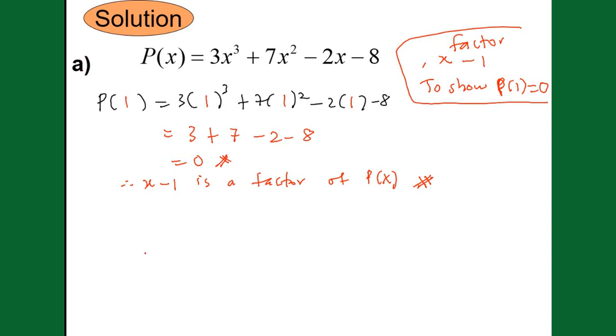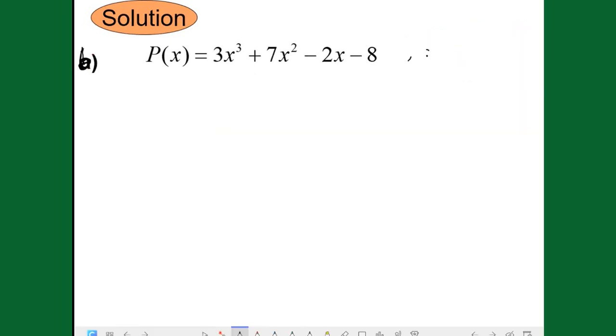Settle. For B, dia kata X minus 1 linear factor. Okay, settle. So, factorize completely. Cuba pasang telinga, mata, hati, tengok screen. Okay. So this one actually you can use long division. Okay, but this is not good.